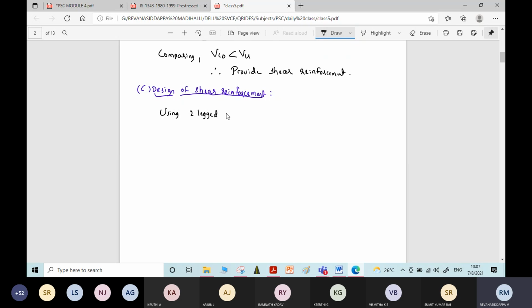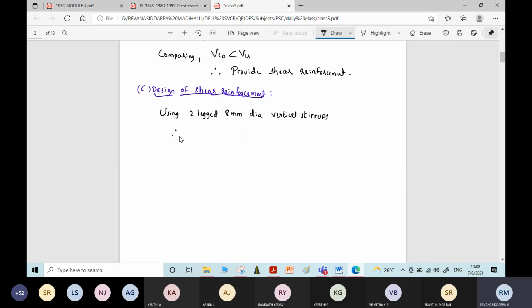Usually the stirrups diameter will be taken as 8 mm or 6 mm. I'll take 8 mm. 2-legged 8 mm dia vertical stirrups.